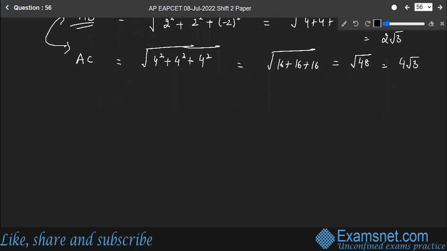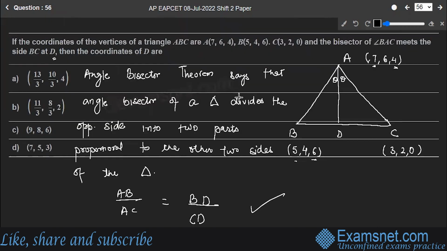So you have 2 root 3 upon 4 root 3 is equal to BD upon CD. So you will have a cancellation. This is equal to 1 by 2, right? So that means D is dividing BD and DC in the ratio of 1:2.